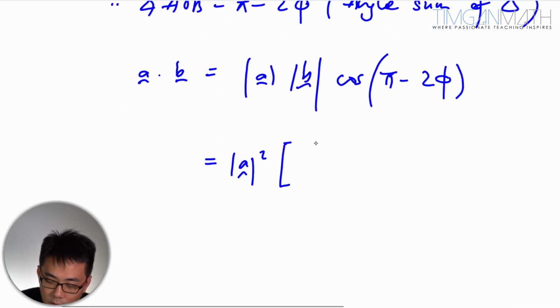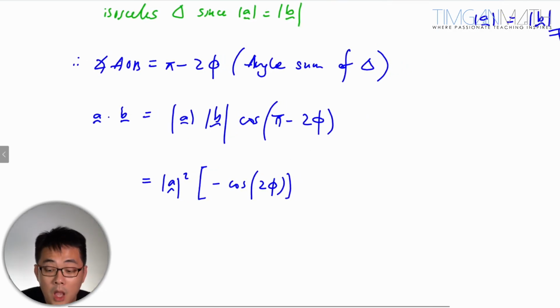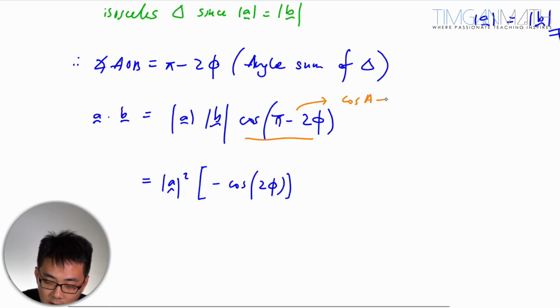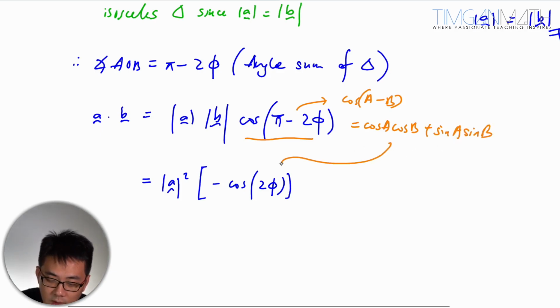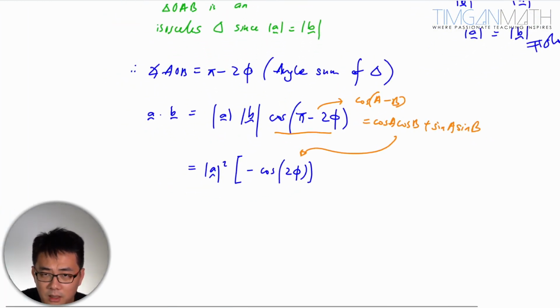If you've forgotten this formula, you can use another formula to deduce it. What I'm doing here is thinking in terms of quadrant 1, quadrant 2. That's why I know this is negative. But if you don't, you can just use cosine A minus B equals cosine A cosine B plus sine A sine B. You still get the same, but it's just a lengthier process.